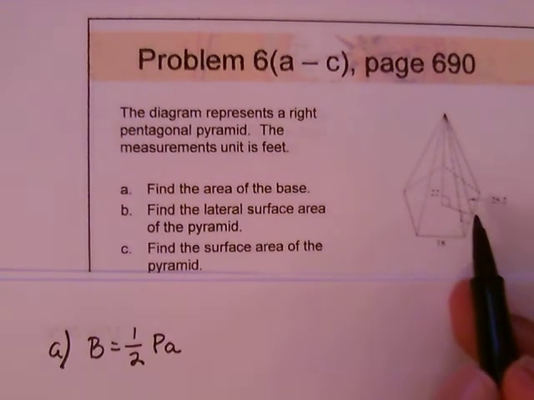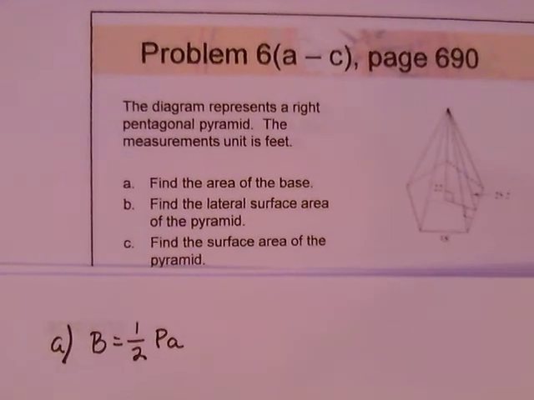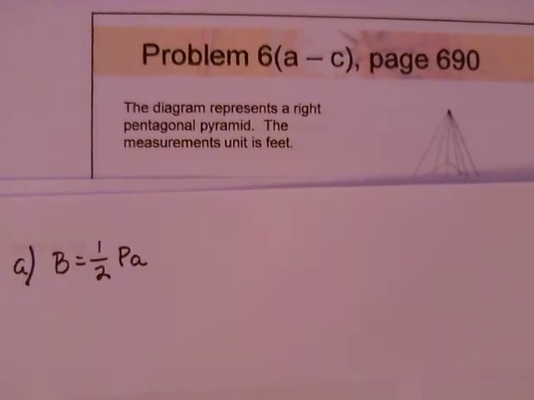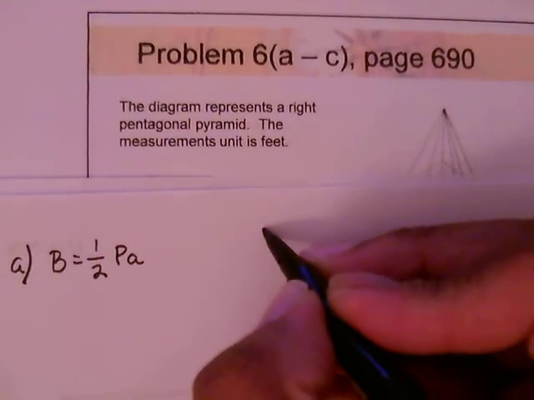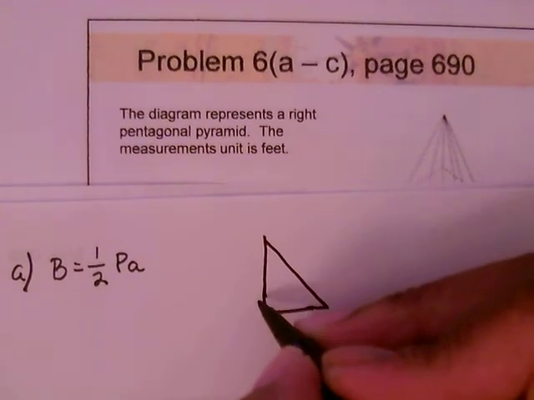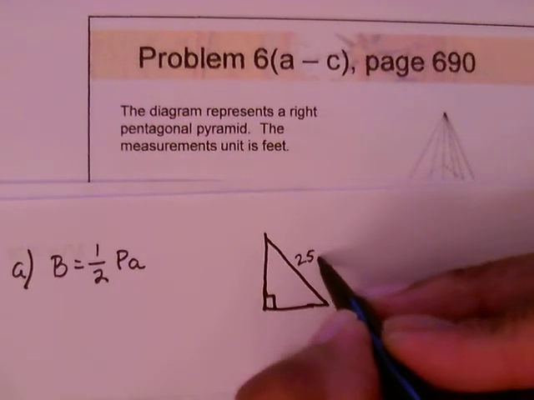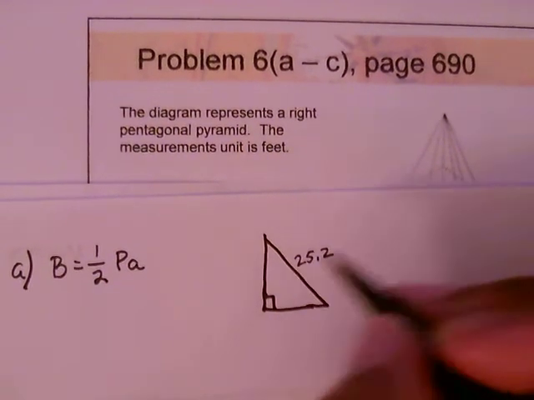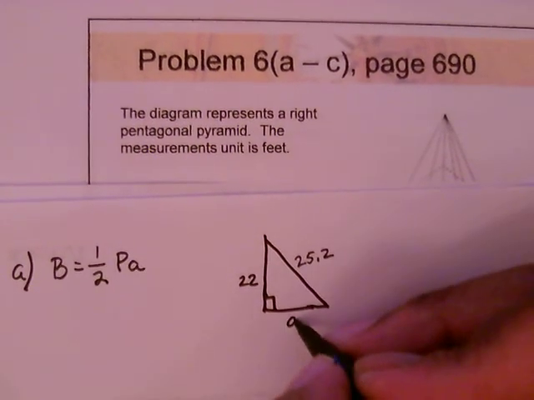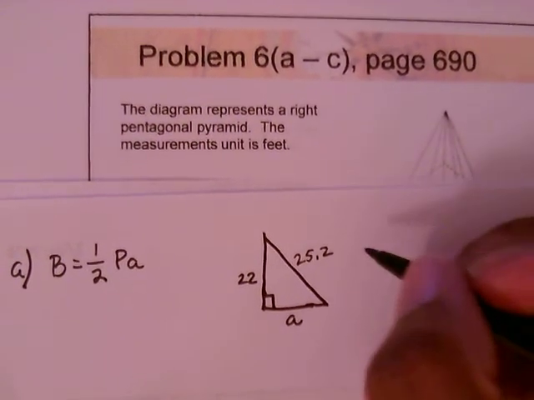I know the slant height, that's the 25.2, and I know the height, that's 22. That also forms a right triangle. So if I draw a right triangle like this, I know this is 25.2, that's the slant height. And this height is 22. But I don't know what this apothem is. So I need to apply the Pythagorean theorem like I did in the other example.